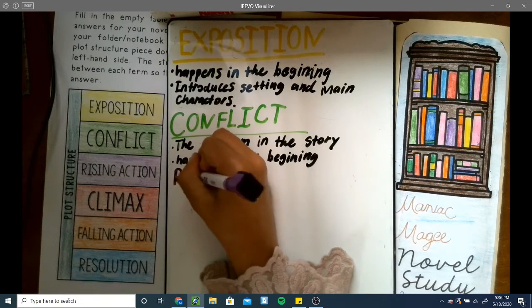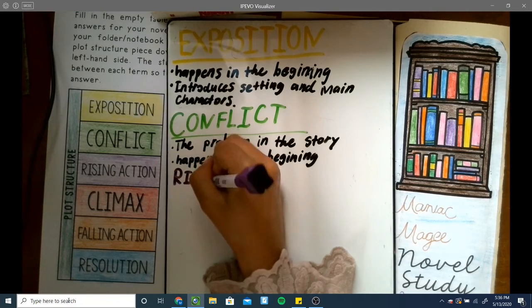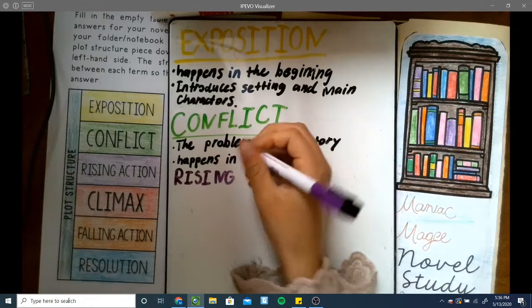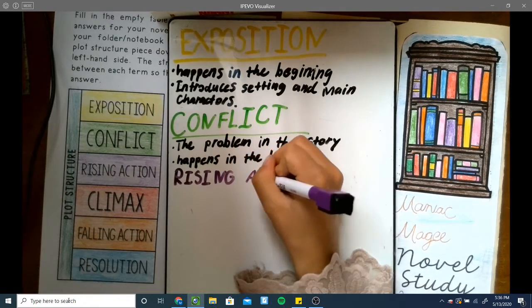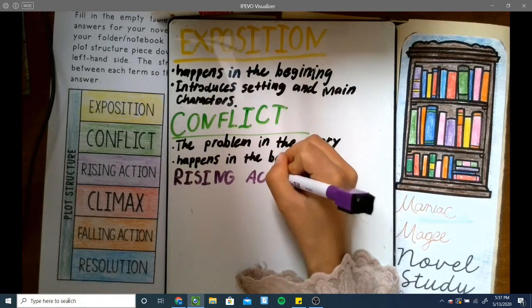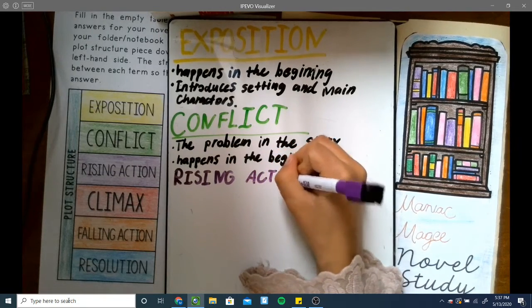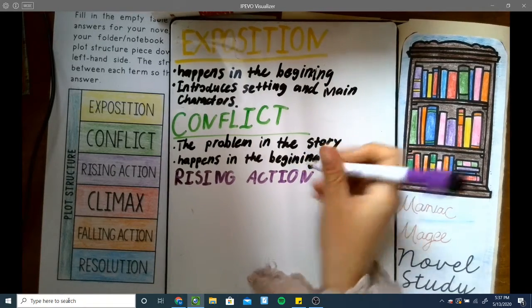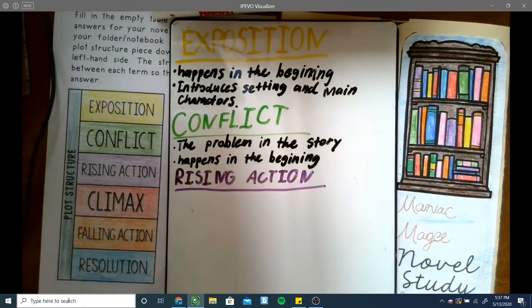So this usually is kind of towards the middle of the story. Not everything happens, but there's quite a pile of events that happen in the story. So here's our rising action.